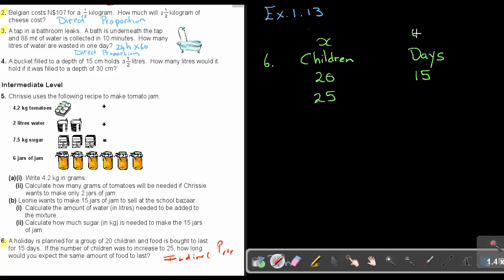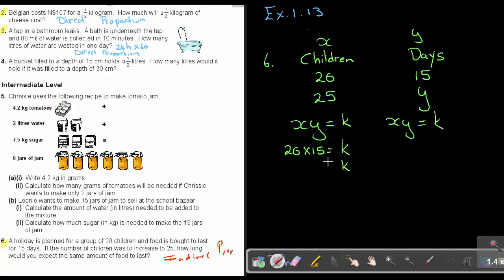So let's make it x, and we make this y. Remember, this is indirect proportion, so we must multiply like this. So it's xy equals k. And we're going to use it 2 times. So we're going to say 20 times the 15, and we are going to get the value of k. So the value of k is going to be 300. So then I'm just going to put in the value of x. So 25y equals 300.